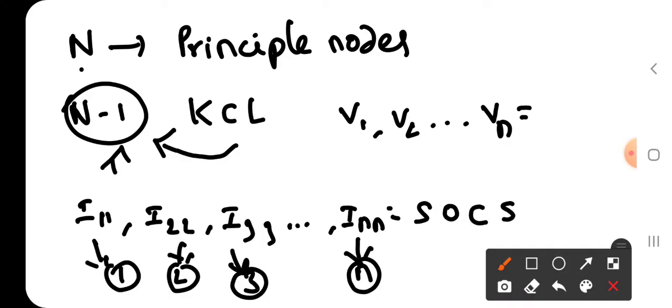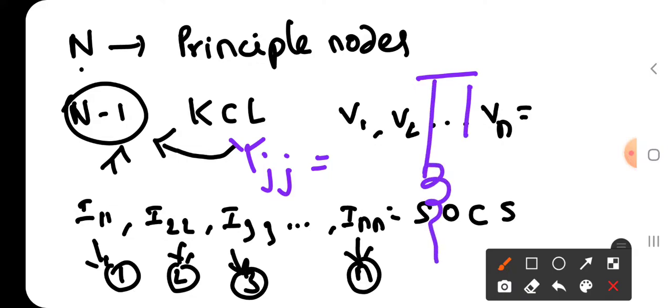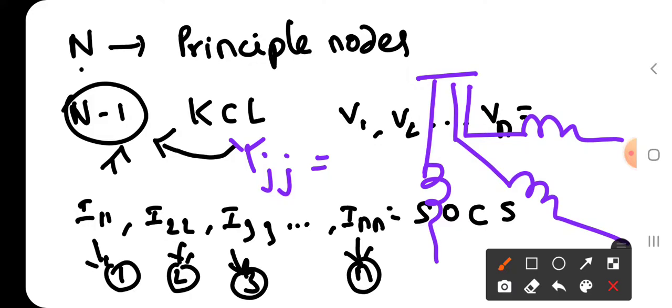The next one: what is YJJ? YJJ is the sum of admittances connected to the node J. For example, this is one bus, and for this bus there are n number of admittances, like this. This value of admittance is minus j 0.1, this is minus j 0.2, and this is minus j 0.3.